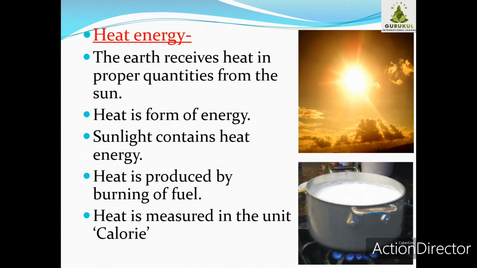Children, you might have seen your mother while cooking, she has to start the fire to cook the food, correct? That fire is nothing but heat energy, and the flame of the burners which comes out from the gas is nothing but heat energy. So heat energy is used for cooking in the kitchen every time.